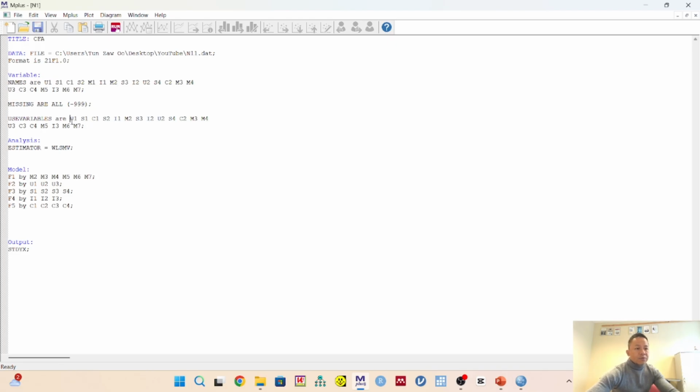These are the used variables. I use all 21 items again. For the estimator, this is a Likert scale, that is why I use weighted least square mean variance. These are the 5 patterns. Pattern 1 is from M1 to M7.